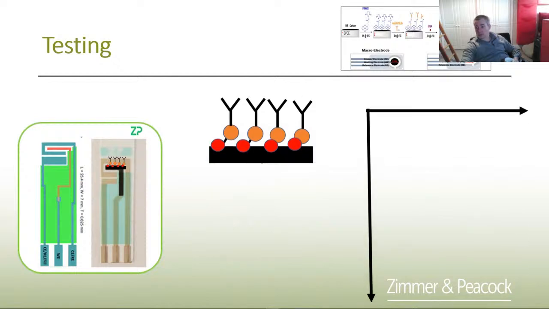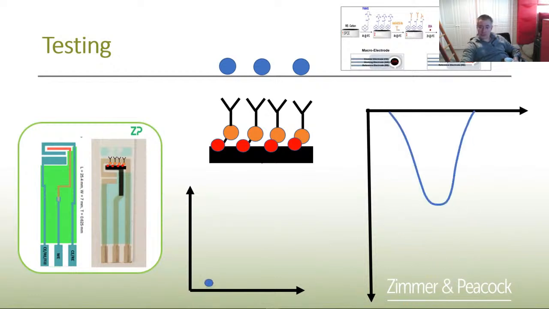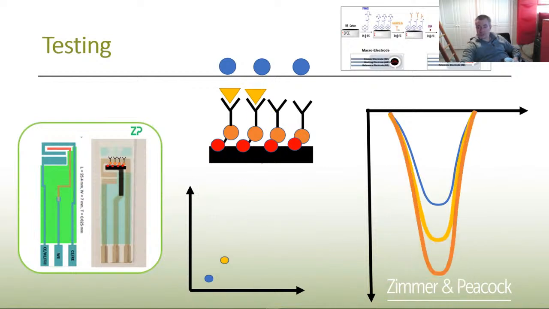We said, in the absence of the antigen for the antibody, we can get a certain signal, and then in the presence of the antigen, that signal can change, and that can be the start of a signal. We have had long discussions about how to take screen printed electrodes and how to convert them into biosensors.